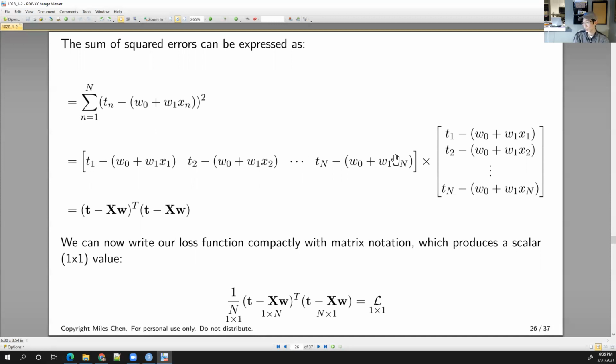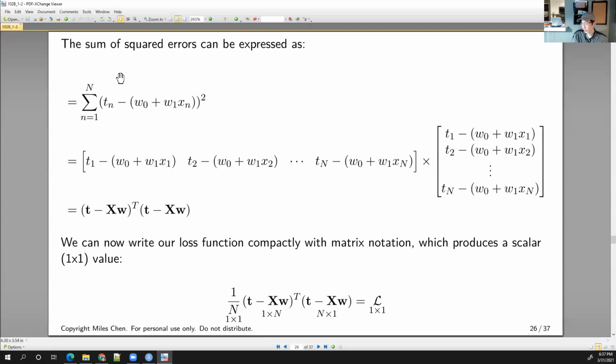When I take this row vector and multiply it by this column vector, I'm multiplying each item with the corresponding item, across the row and down the column, and adding them all up.